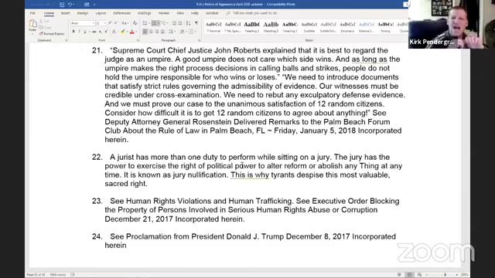This is where they have immunity, when they are making the right decisions and they're only calling balls and strikes here. The second they act outside of their scope and authority as an umpire, they just lost all immunity.